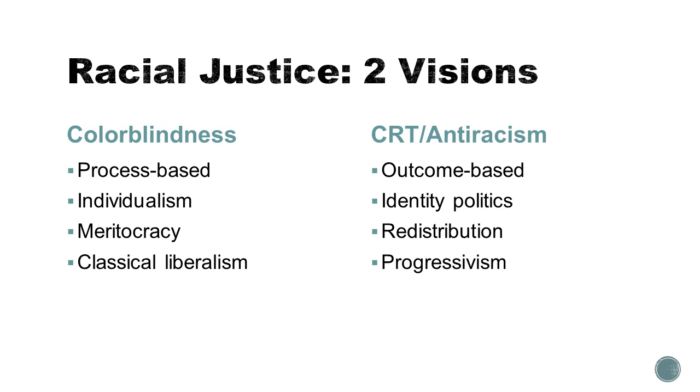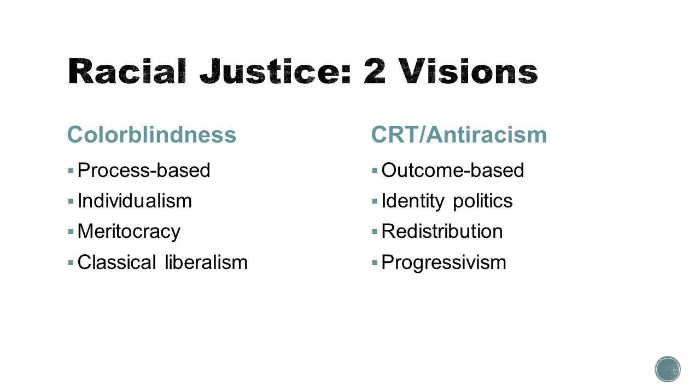You might remember how I contrasted two different visions of racial justice. There's what's called the colorblind vision, and then there's the anti-racist vision of racial justice. Now, the colorblind vision of racial justice I described as process-based. That is, it's concerned about the legal procedures and the standards within a society to ensure that everybody is held according to the same standards, treated according to the same rules.